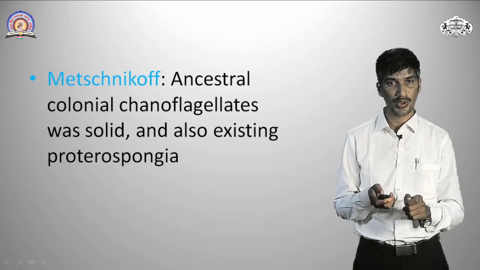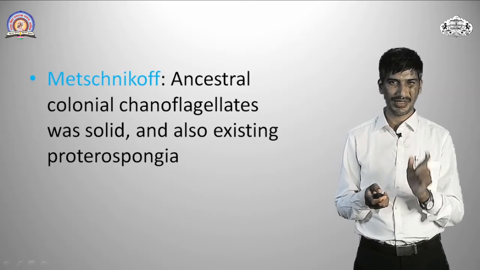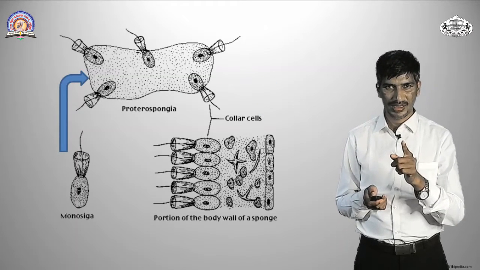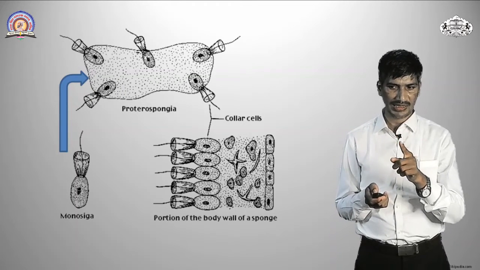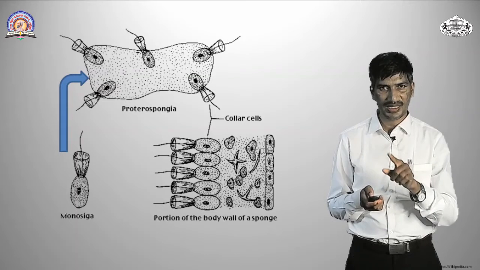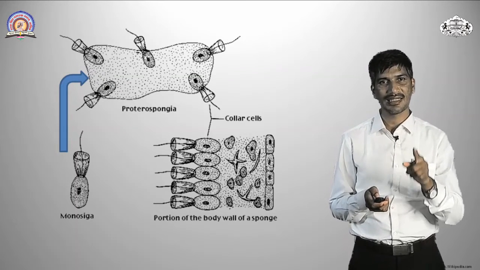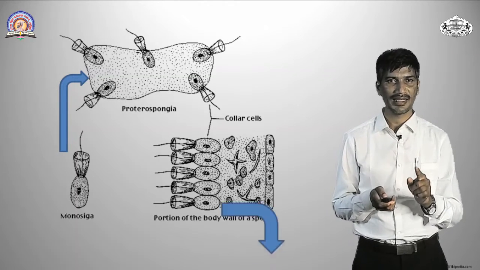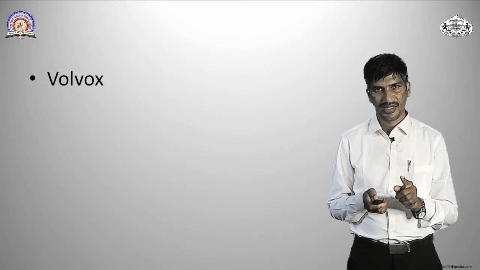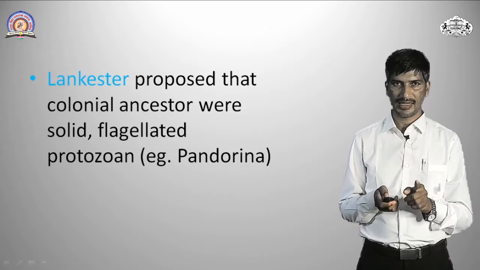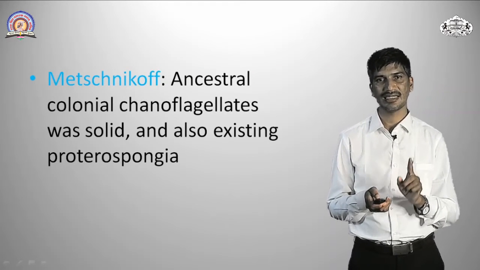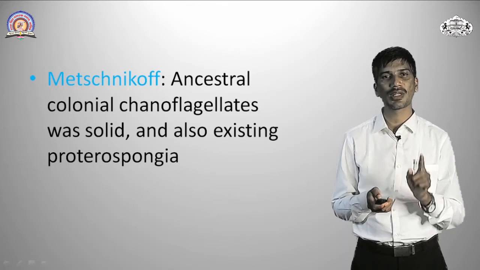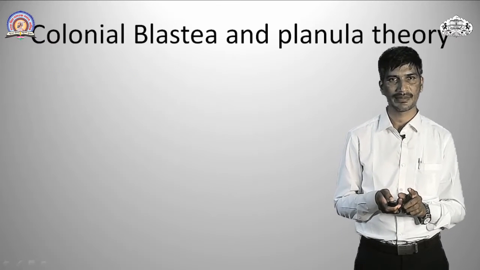In the previous slide we observed that Proterospongia forms the proportion of the sponge structure. The flagellated cell developed into the multicellular organism. Haeckel, Lancaster and Metchnikoff, these three scientists suggest the same ideology for the development of metazoan animals.